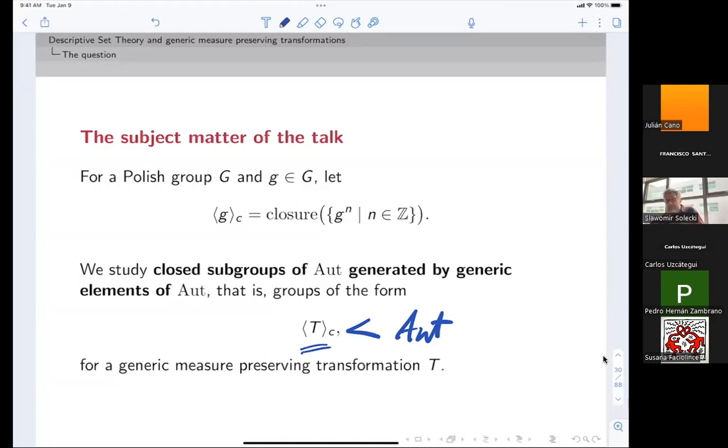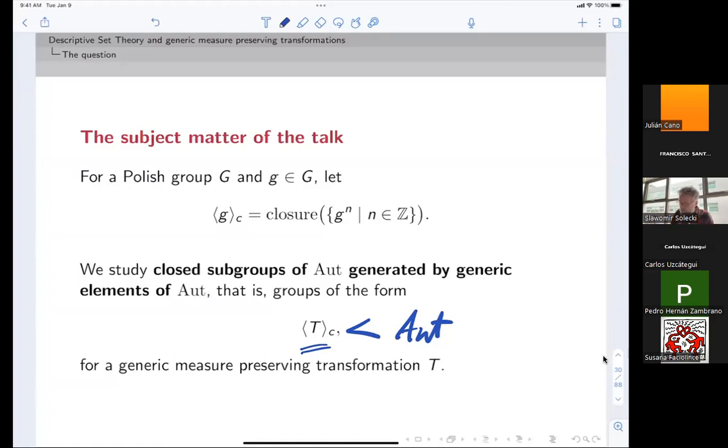And I will be interested in properties that these groups have for a generic T. So when I look at for what T's these groups have that property, the answer will be almost all of them have that property. So this is the subject matter of the talk. I'll have a concrete question in mind, not just an intro. Is that clear what I mean?